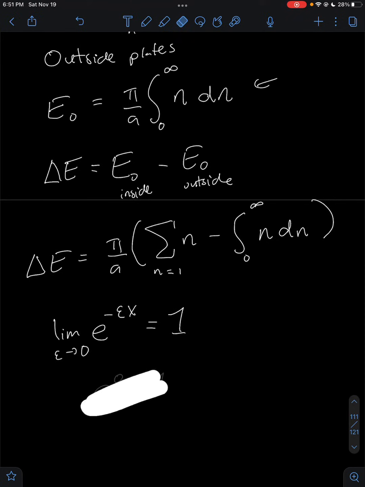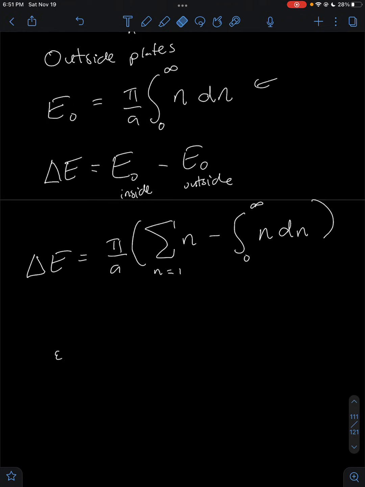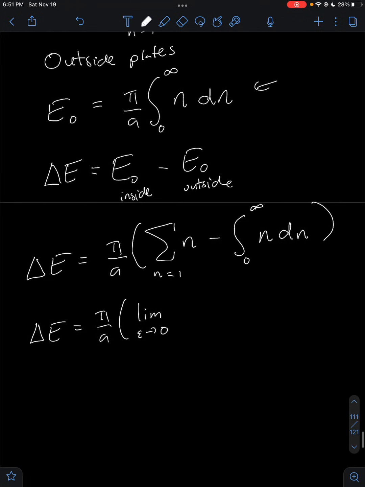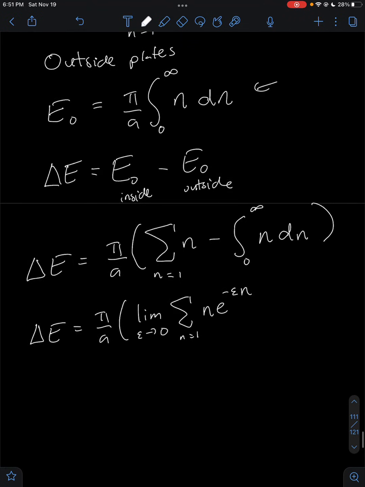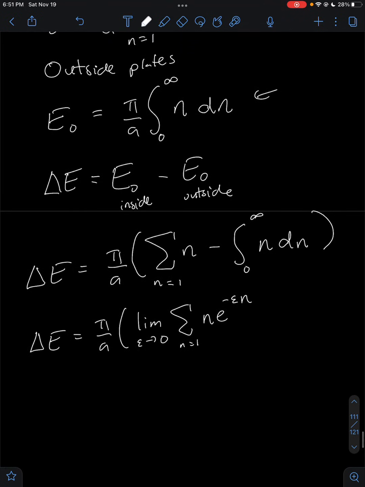So a very sneaky trick is to say that delta E is pi over A times the limit as epsilon approaches 0 of the sum of n e to the minus epsilon n, using n instead of x this time, minus the limit as epsilon approaches 0 of the integral of n e to the minus epsilon n dn.